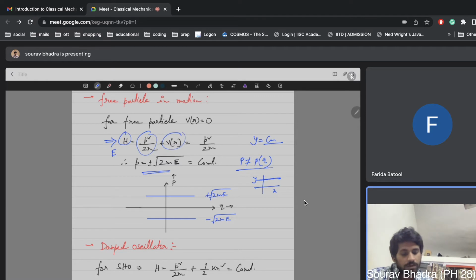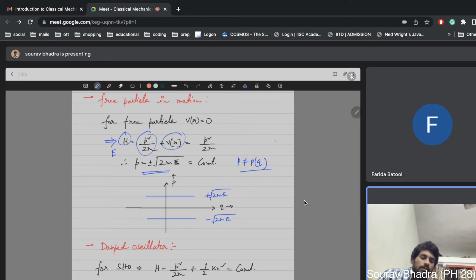Similarly here, as p is not a function of q, in the phase space diagram p will be just a straight line parallel to the q axis, because it is independent of q, and depending on the energy E, the position will be fixed.